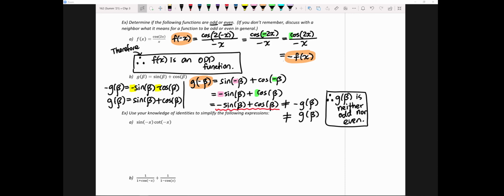If the negative sign goes from inside to outside, that would be an odd function. If the negative goes from inside to positive outside, that would be an even function. If your output is neither, then it's neither. And when it goes from inside to outside, it would have distributed to every term.